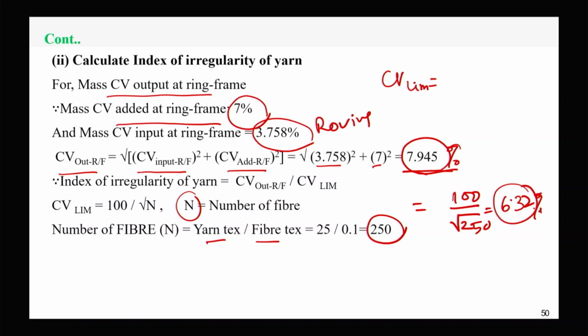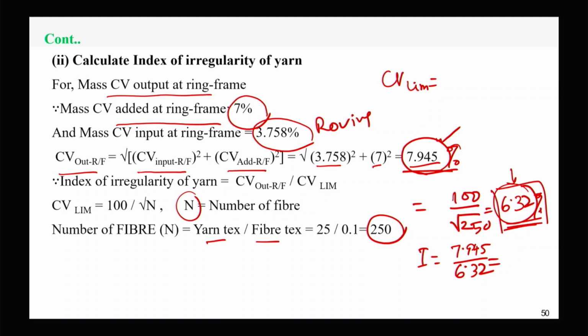So that is the minimum. The best performing machine will produce 6.32, but actual yarn is 7.945. So index of irregularity which is asked for, 7.945 divided by 6.32.